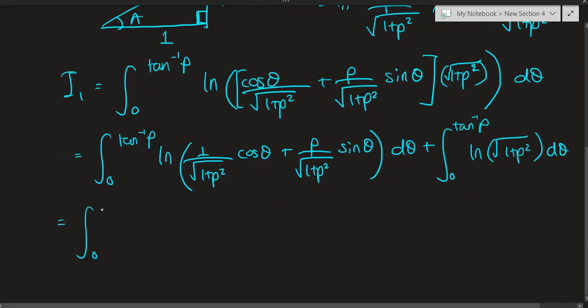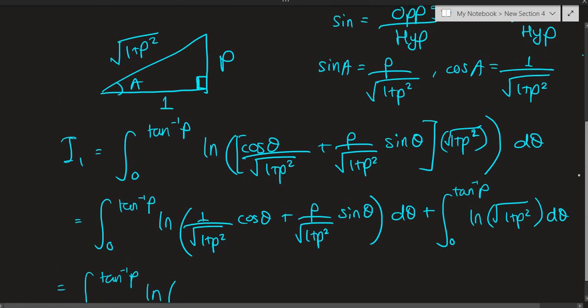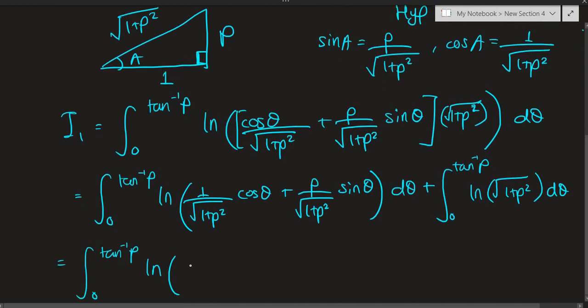So now we can simplify this to integral from 0 to inverse tangent of P of the natural log of, well, 1 over square root of 1 plus P squared is basically a cosine of A, right? So we have cosine of A times cosine theta plus P divided by square root of 1 plus P squared, which is basically sine A. So sine A times sine theta d theta plus, well, this is just a constant, right?